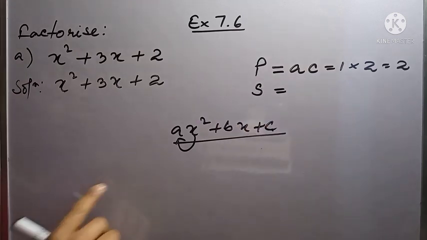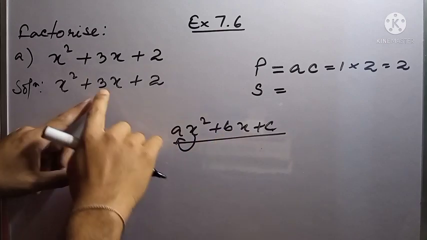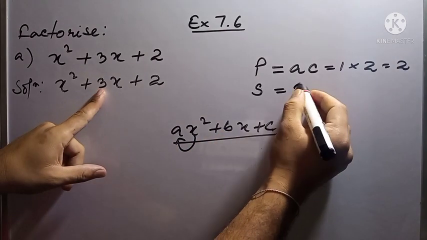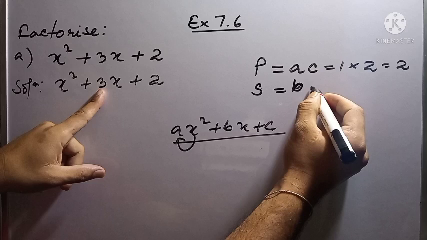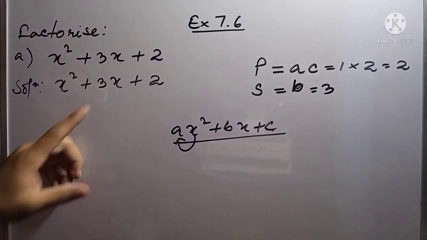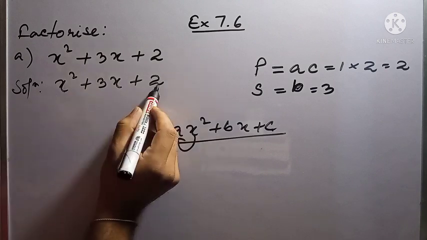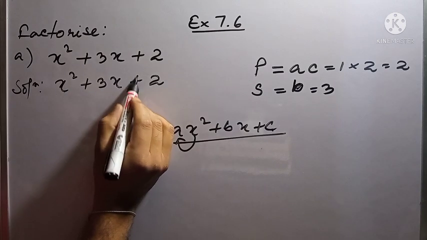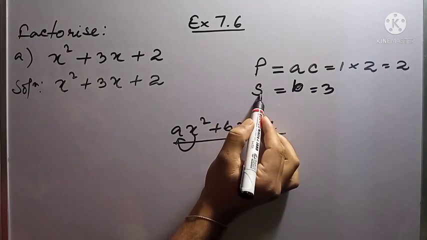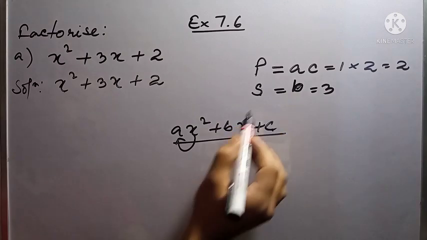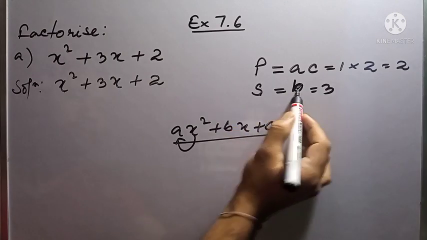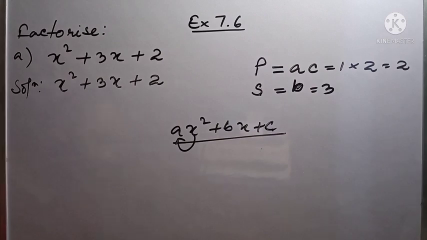What is b here? b means 3. So don't forget, the product will be given by a and c. The sign here is plus, so I put S, and the sum will be given by b, which is 3.